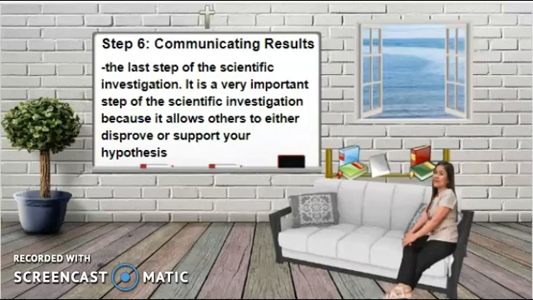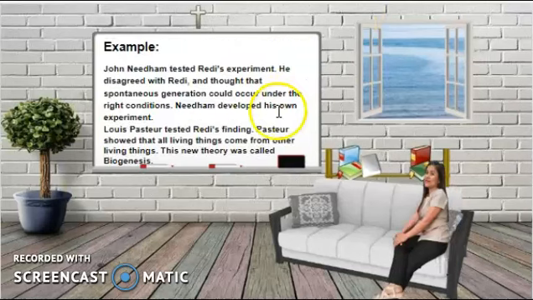And here are the views of the other scientists pertaining to the work of Francesco Redi. There are a lot of scientists with whom Francesco Redi shared his results, but I only mentioned two of them. John Needham disagreed with Francesco Redi and made another experiment out of the idea from Francesco Redi.